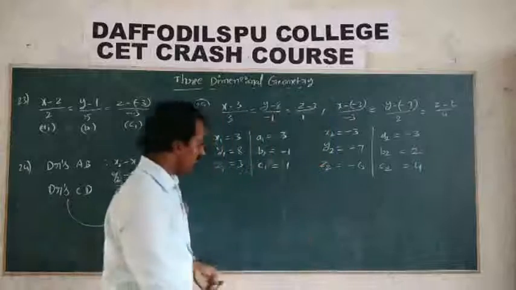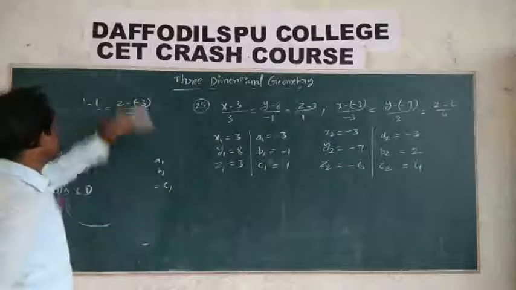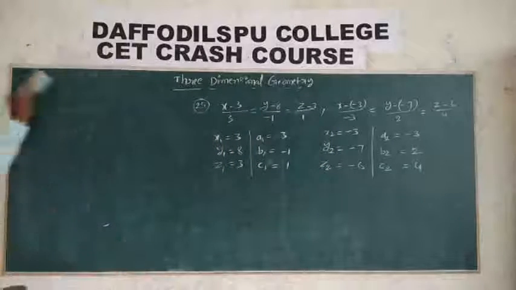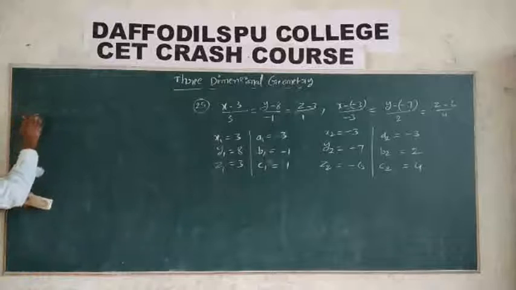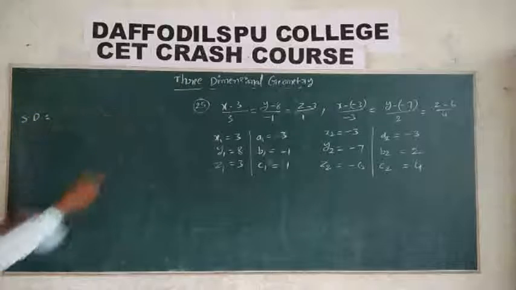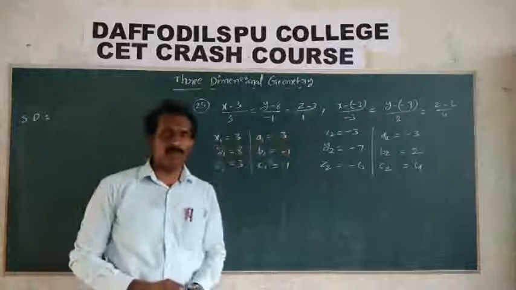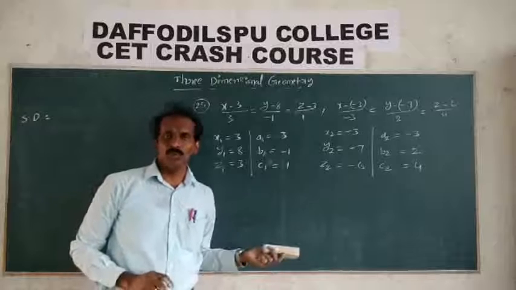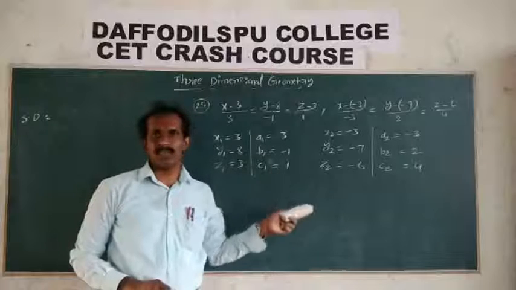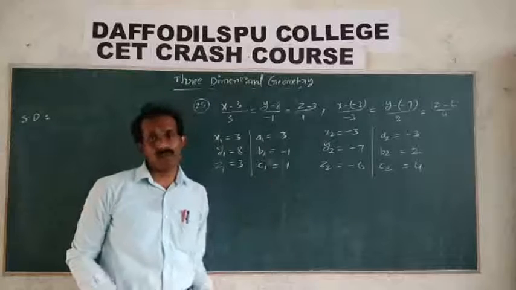Okay, what is the formula? Shortest distance between two skew lines. These are in Cartesian form. Vector form is a2 minus a1 dot product v1 cross v2 divided by modulus of v1 cross v2.